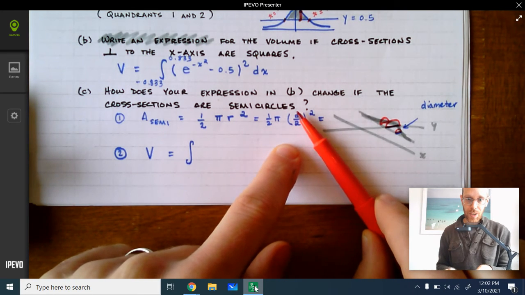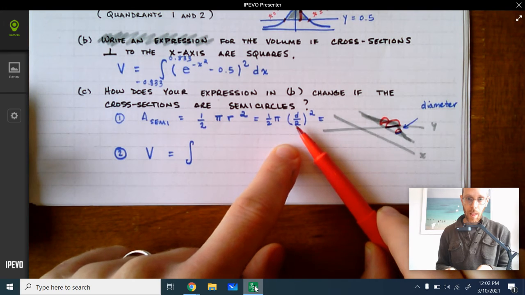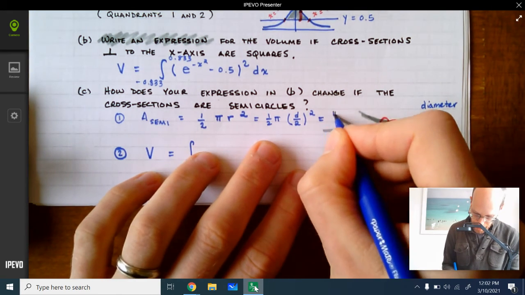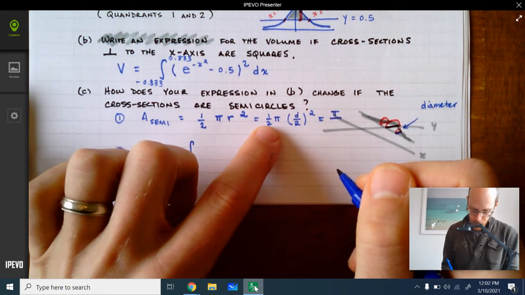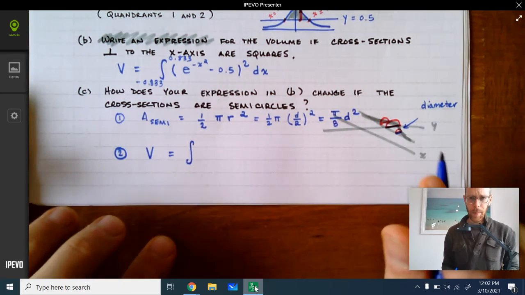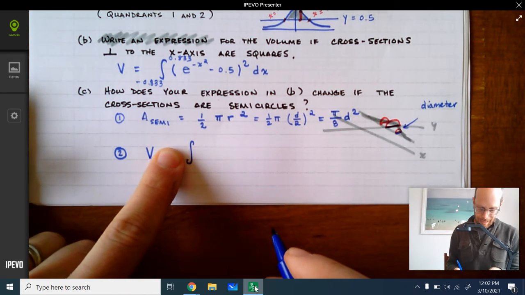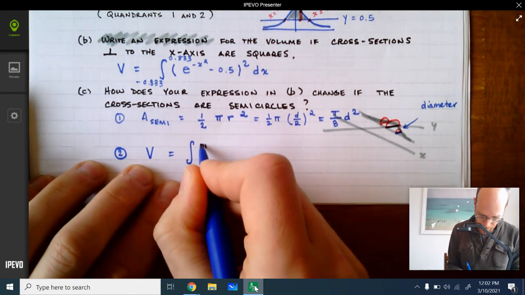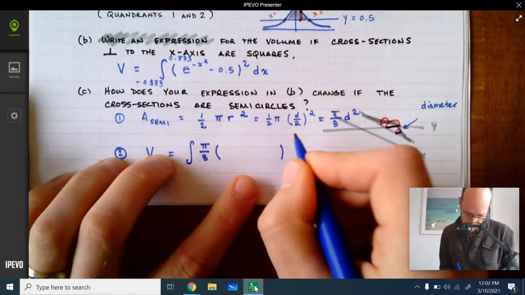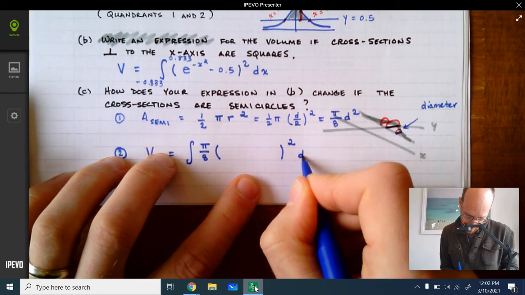So this is really d squared over 4. The 4 multiplies the 2. We end up with pi over 2 times 4 is 8, d squared. So the formula I'm going to put in here is going to be pi over 8 diameter squared dx.